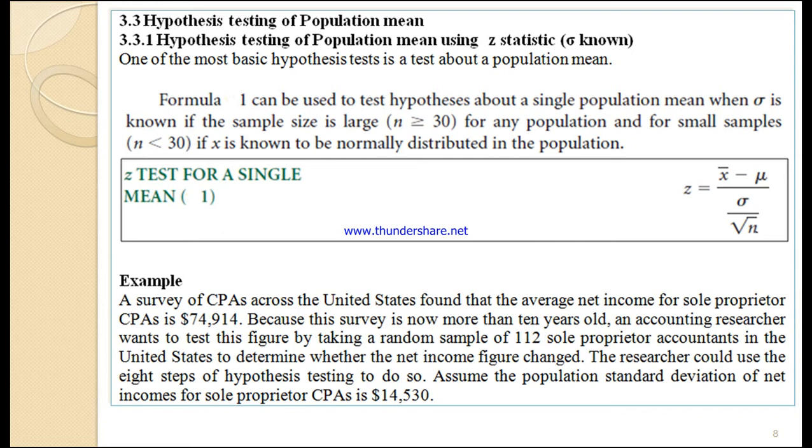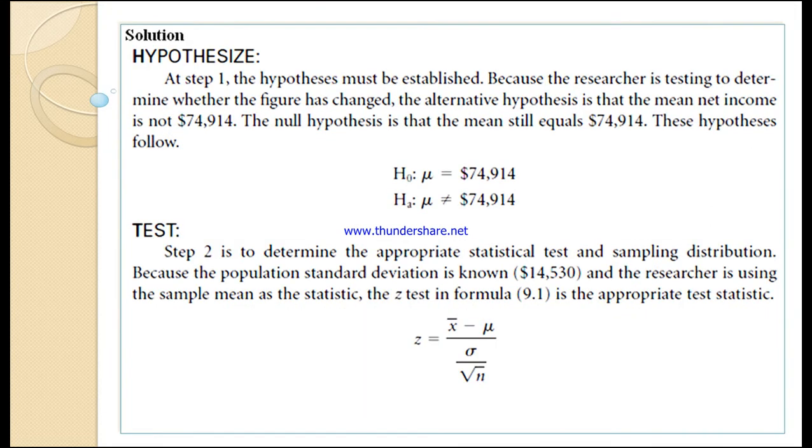If the researcher were to use the 8 steps of hypothesis testing to do this testing, and if he or she assumed the population standard deviation of net incomes for sole proprietor CPAs is $14,513, let us deal with how they will test the hypothesis about the average net income of CPAs by working through the HTAB system.